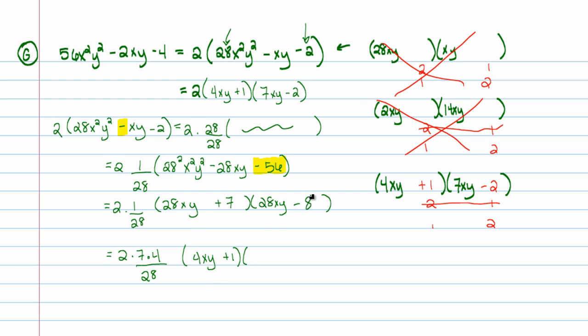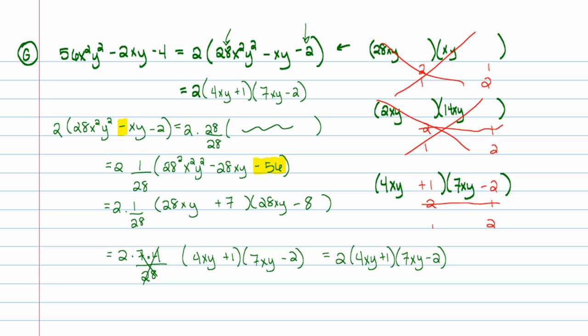Factor a 4 out of the second one, I get 7xy − 2. That's 28 over 28, so those cancel nicely. And so this is completely factored as 2(4xy + 1)(7xy − 2), which is exactly what we found when we did the guess and check.